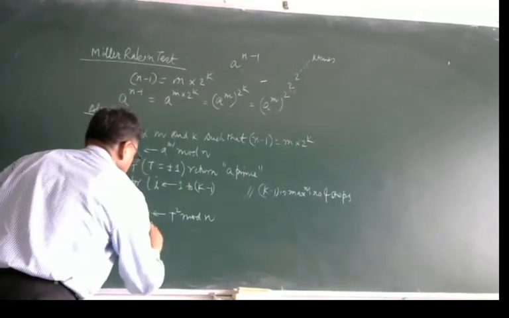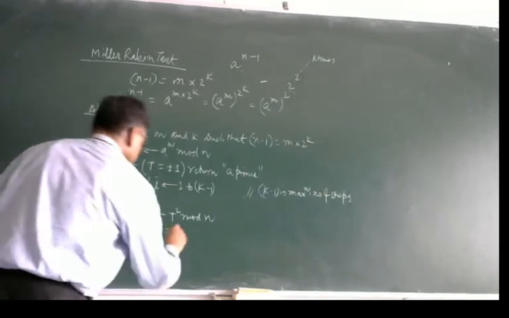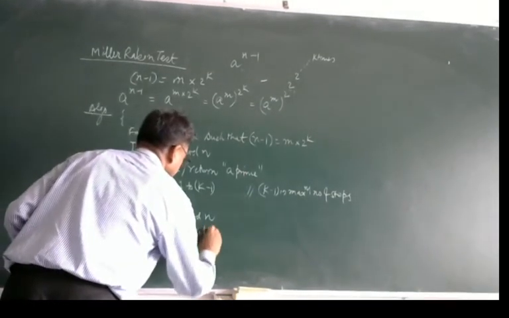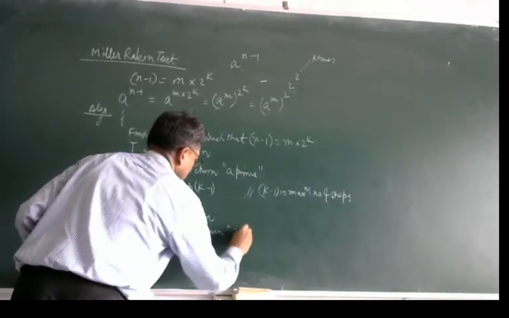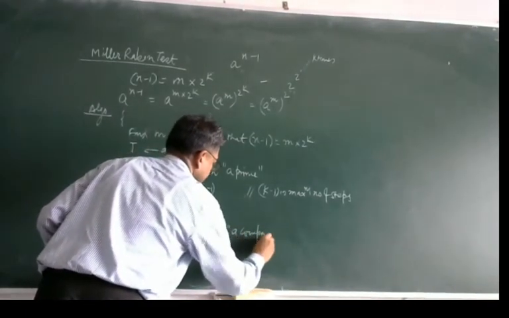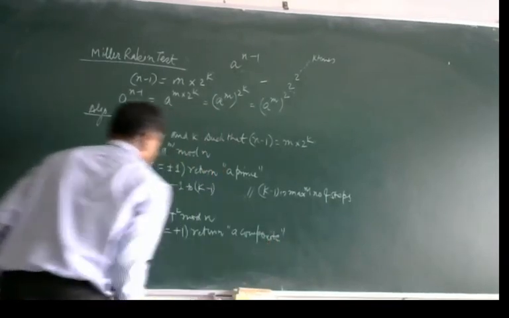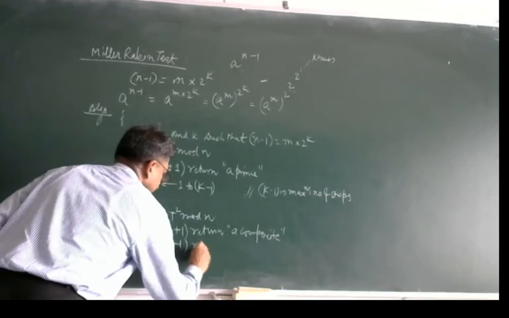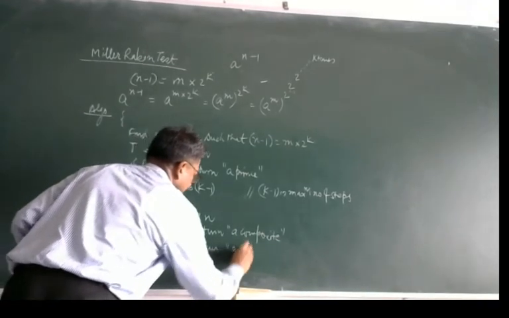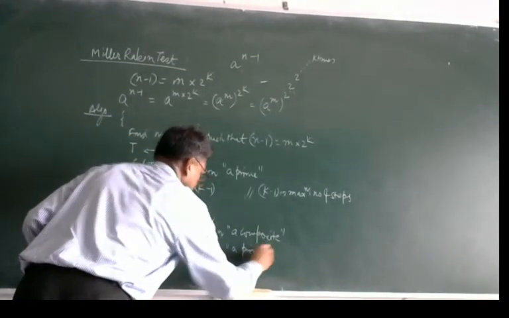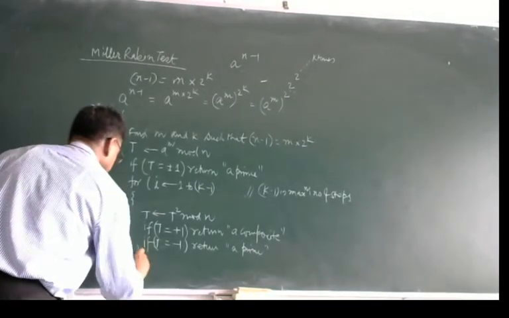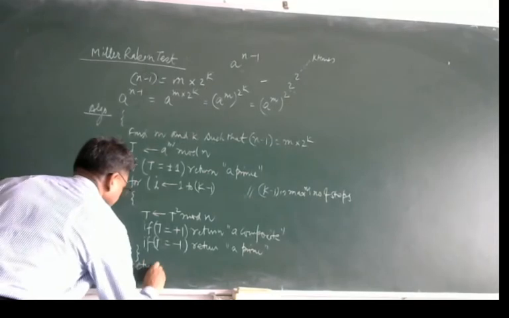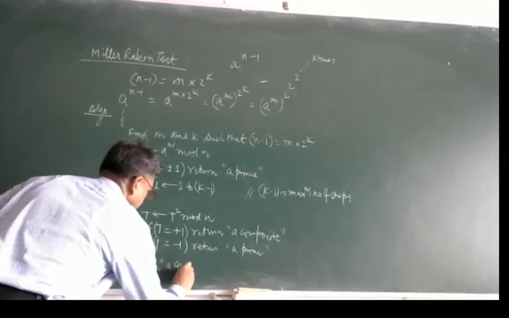If t is equal to plus 1, return composite. If t is equal to minus 1, return prime. Then we close the loop, and return composite.